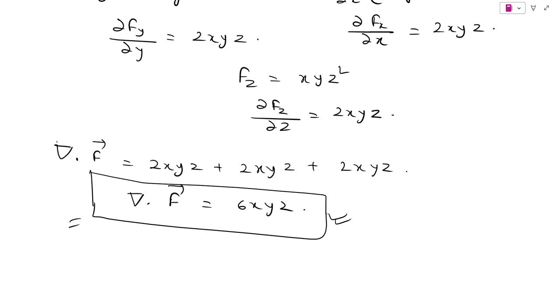Okay, so look, divergence is represented by this, and this gives a scalar quantity, not a vector, and differentiate each component only with respect to its own coordinate: x with x, y with y, and z with z. And during the partial differentiation, treat all other variables as constants.